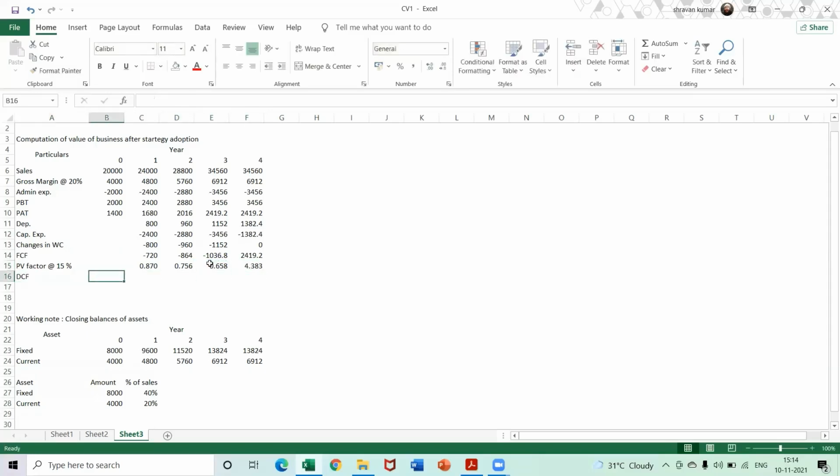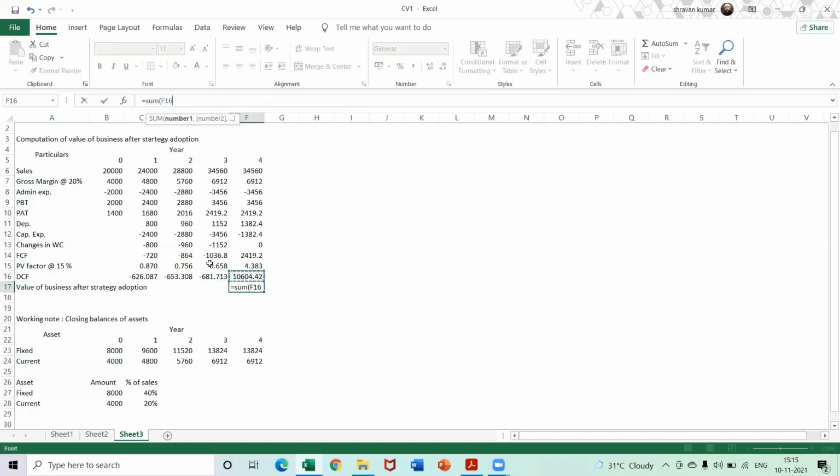So discounted cash flow is equal to future cash flow into PV factor. Okay. And the value of business after strategy adoption is equal to the sum of all these things.